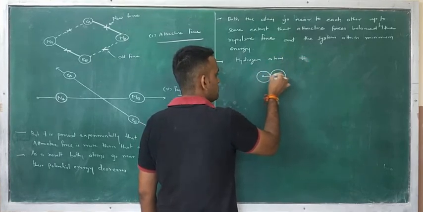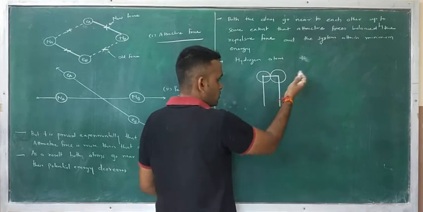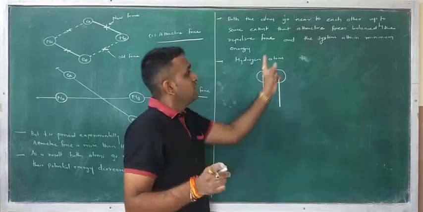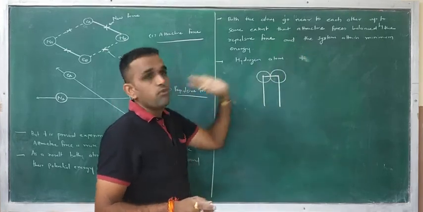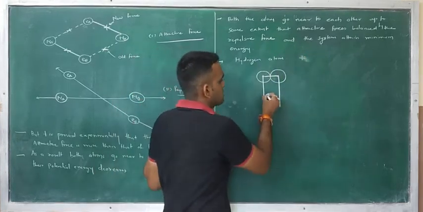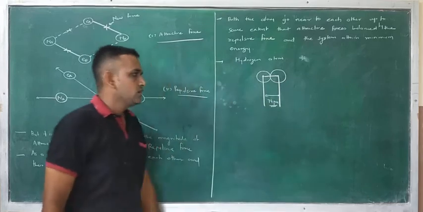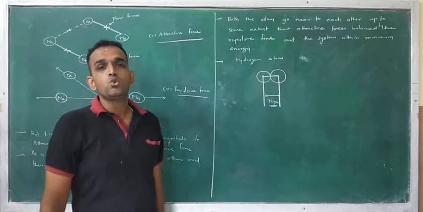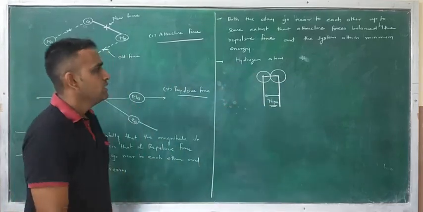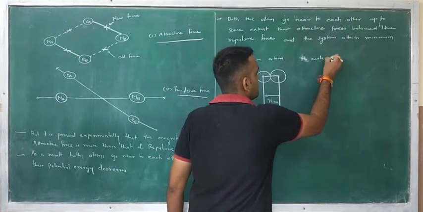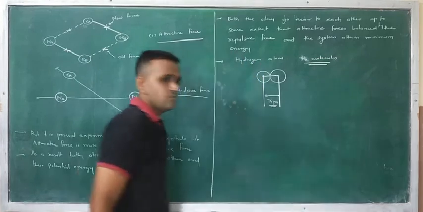So between these two nucleus, it comes close to each other. दोनों atom एक दूसरे के नजदीक आते हैं, पर up to how much extent that it will balance the repulsion force. Attraction force balances the repulsion force, and here that length is said to be the bond length, and it will be equal to 74 picometer. Understand? So this is the bond length of the two hydrogen atoms in H2 molecules, right? Is it clear?